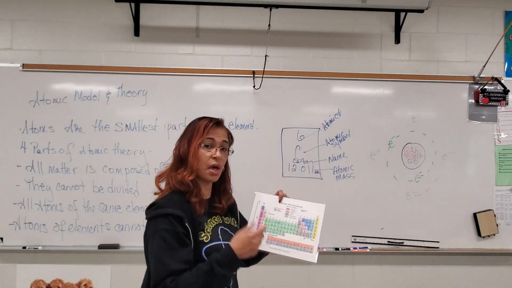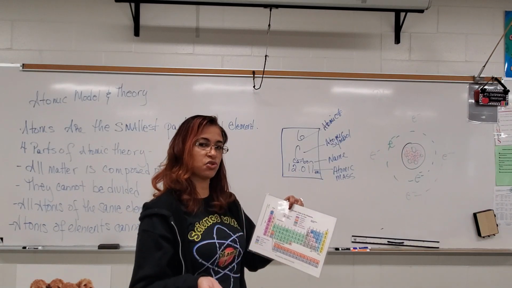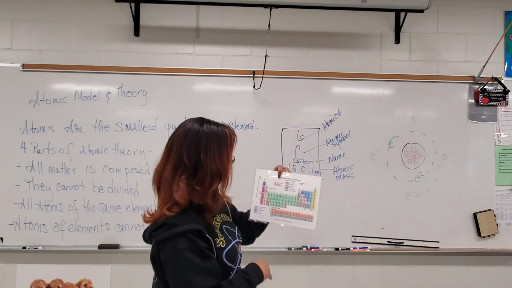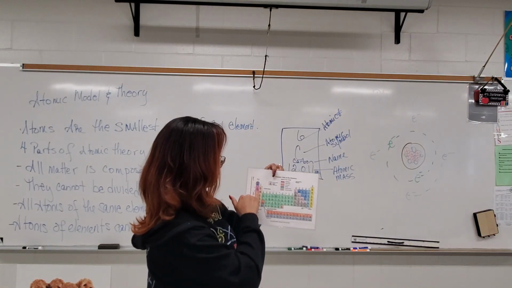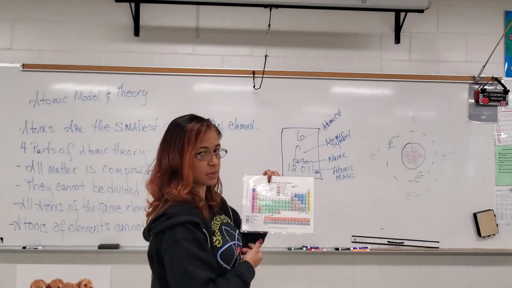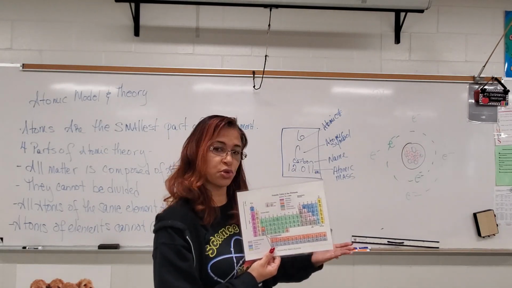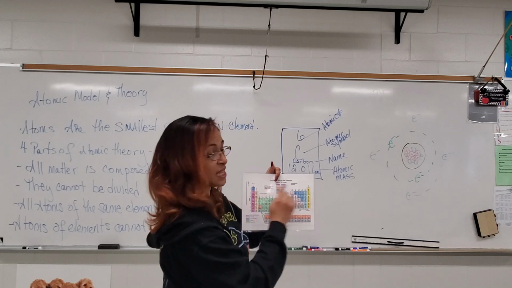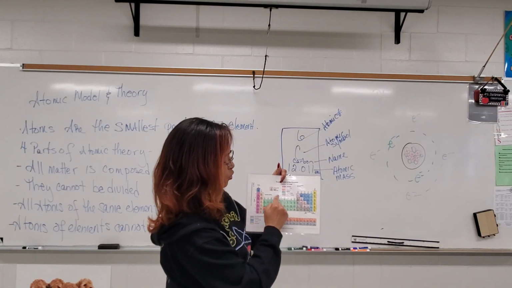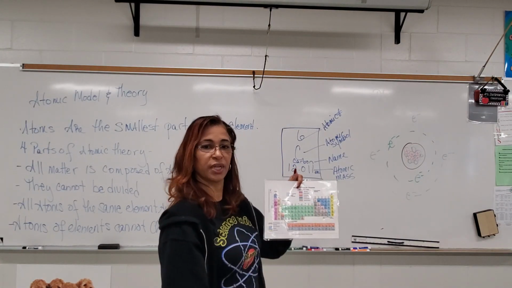I like to use the first one I mentioned because if you separate the transitions from the non-transition metals, it makes it a little bit easier to understand when you get to bonding later on. So here you have groups 1, 2, 3, 4, 5, 6, 7, 8. Okay, those 8 groups are the non-transition metals, that's 1 through 8A, and the 1 through 8B are the transition metals that are located in the center here.